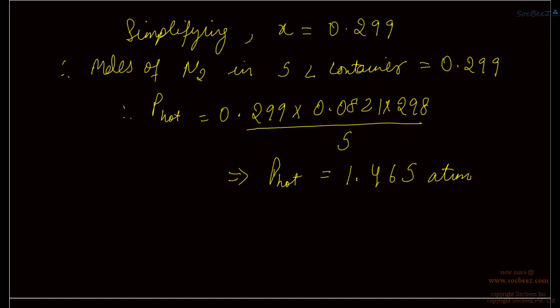Hence the final pressure and the amount of N2 in the 5 liter flask is 1.465 atm and 0.299 moles respectively. So these are the values that we are supposed to get. So this problem is solved, and that's all with this video. See you in the next video.